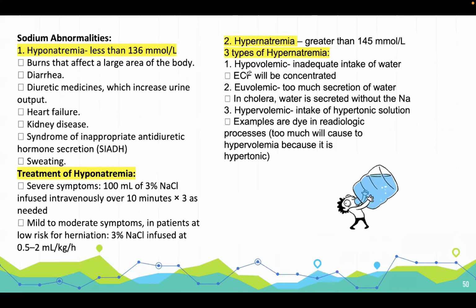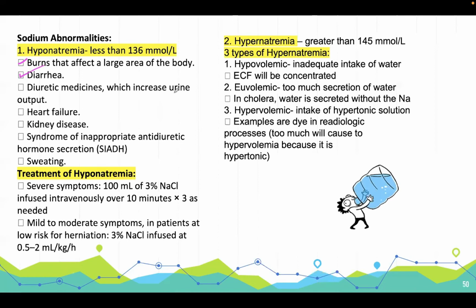So next, mapunta naman po tayo sa mga sodium abnormalities. We have yung hyponatremia. Hypo, ibig sabihin, less than 136 millimoles per liter na yung content ng sodium natin sa katawan. And what are the clinical features? We have burns that affect a large area of the body. The patient might experience diarrhea.